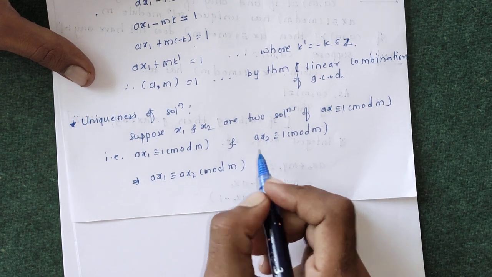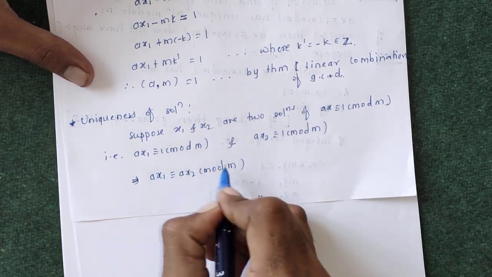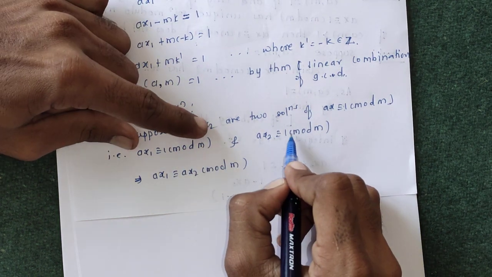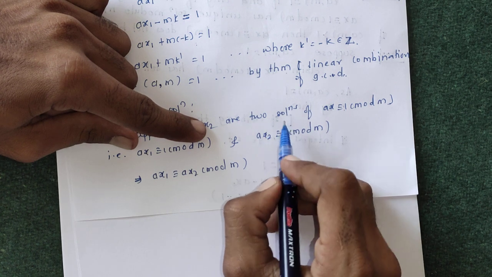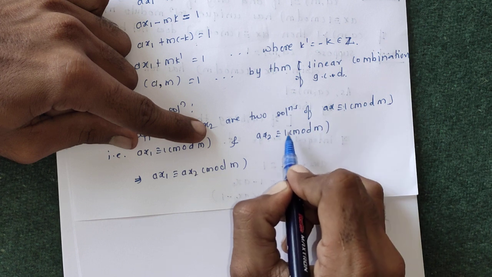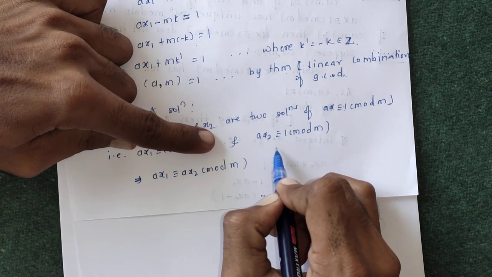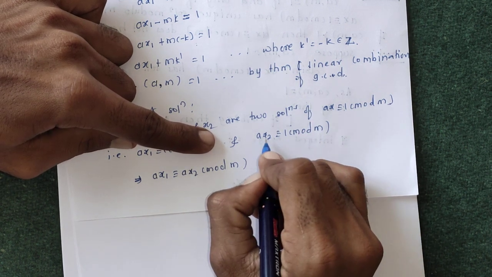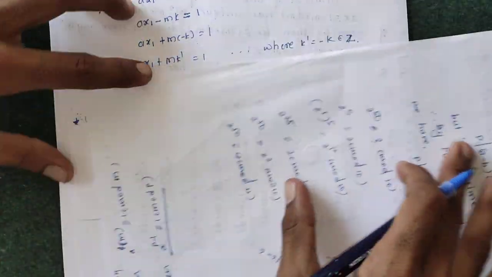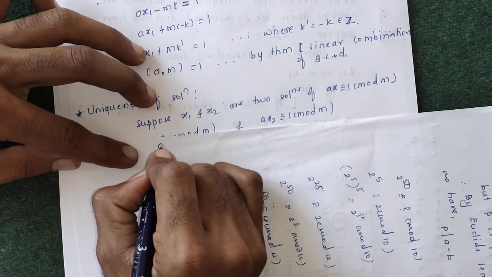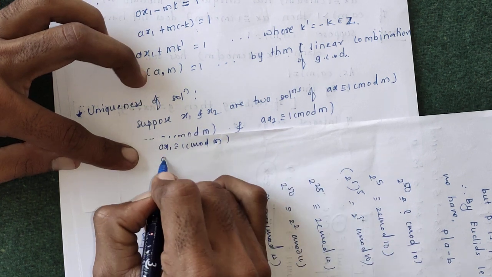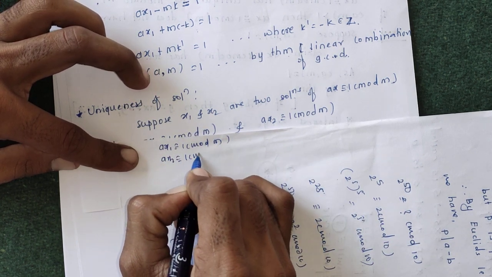I am writing it directly, since if we get ax1 is congruent to 1 modulo m, and we rearrange this by using the result that if A is congruent to B mod m, then B is congruent to A mod m, we know that ax1 is congruent to 1 modulo m, and ax2 is congruent to 1 modulo m.